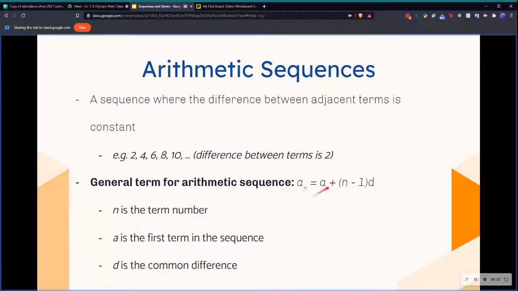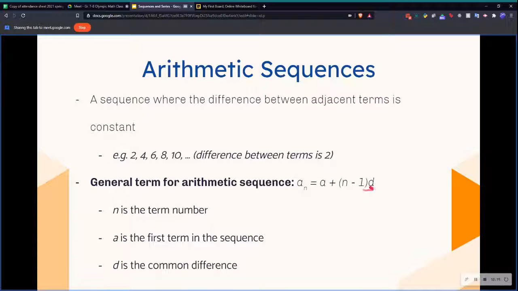What's a? Look at the a on the right side of the equation. A is the first term in the sequence. Sometimes we could use a1, but usually when you write down the formula, it's written as a instead of a1. So a is the first term in the sequence.